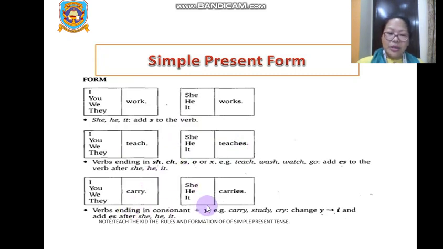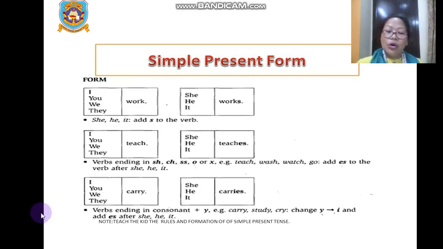Third thing to remember is, once again, if your subject is third person and the verb is ending in consonant plus y. Children, in the English alphabet there are 5 vowels: a, e, i, o, u. The rest are all consonants.